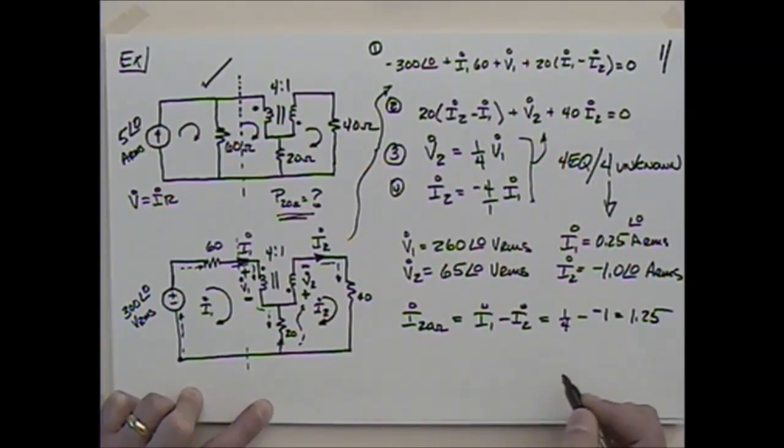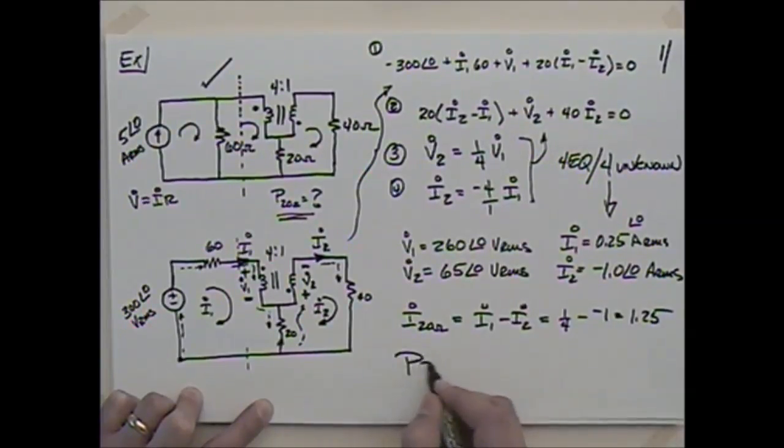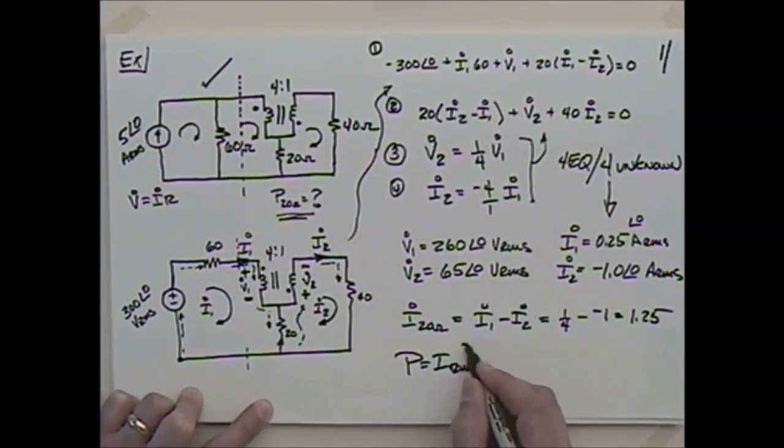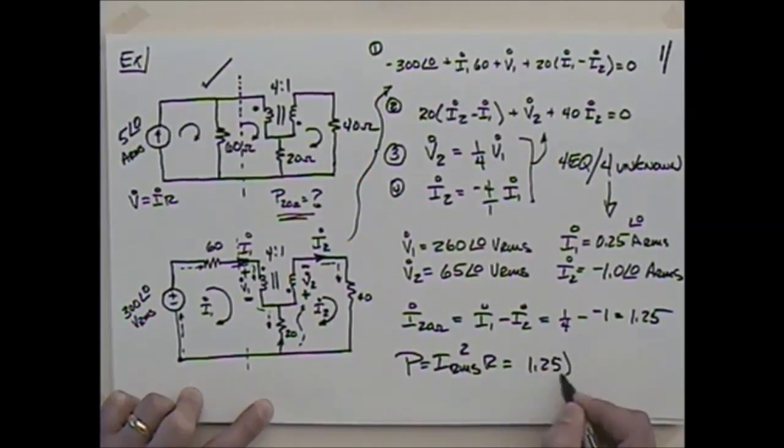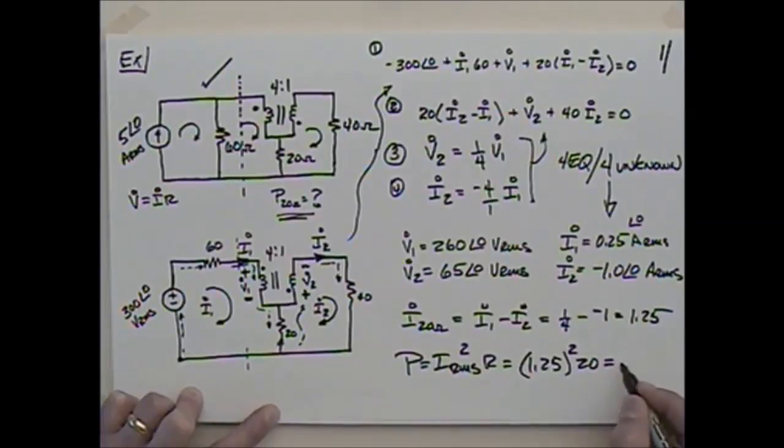Yeah, 1.25. So power being equal to I RMS squared times R would be 1.25 squared times a resistor of 20, which nets me 31.25 watts.